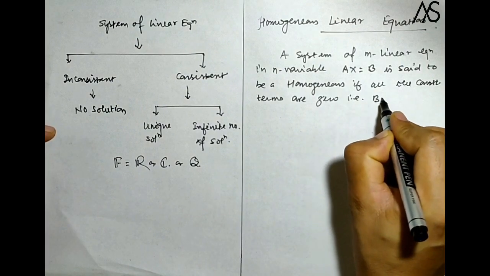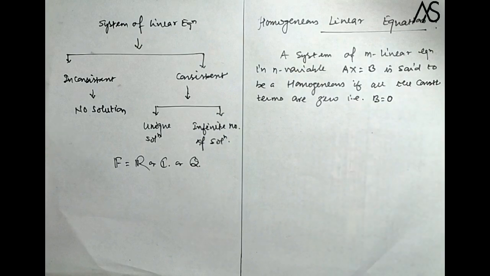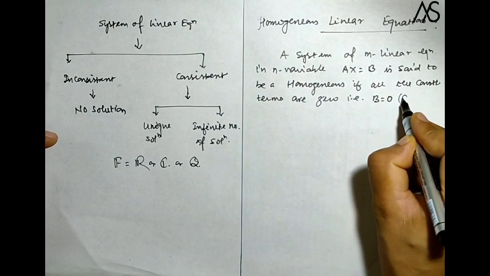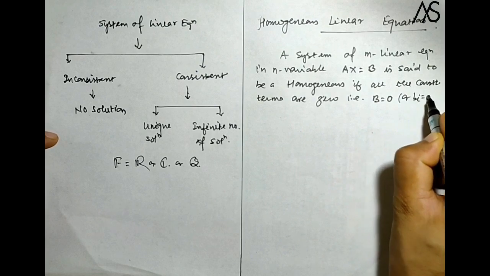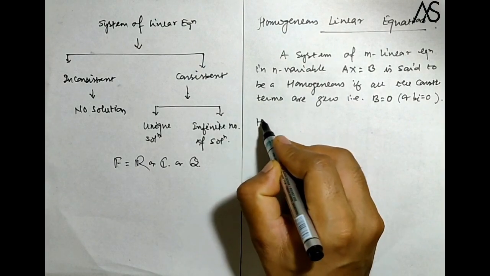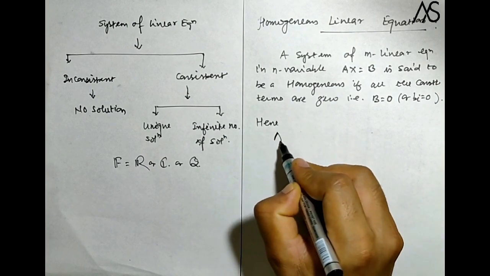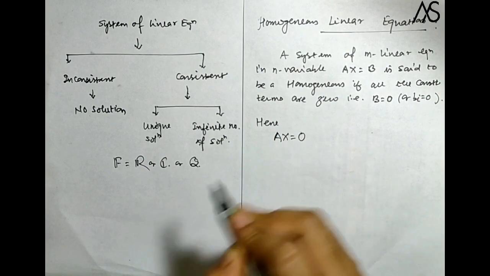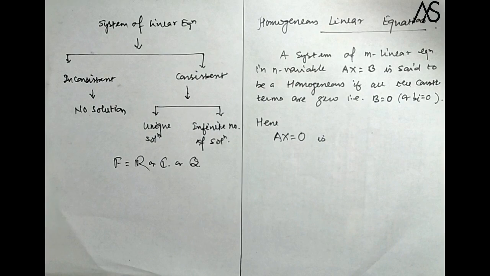That is, B equals the null matrix, or we can say bi equals to 0 for all i varying from 1 to m. So hence a system AX equals to 0 is known as a homogeneous linear equation.